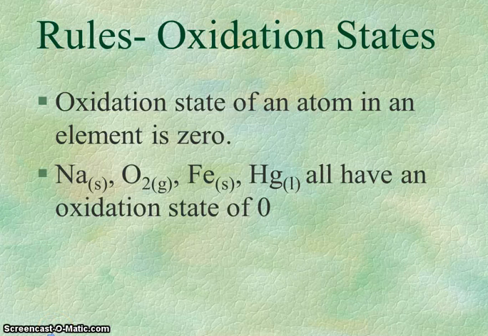So some examples: sodium, or oxygen, which is a diatomic molecule, or iron, or mercury, are all free elements, where they're not in combination with other types of atoms to form compounds. So they all have oxidation states or oxidation numbers of 0.